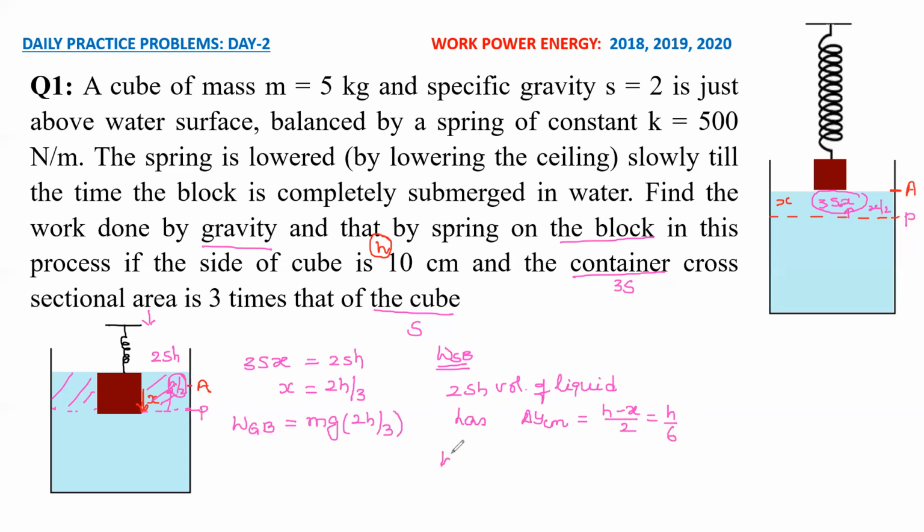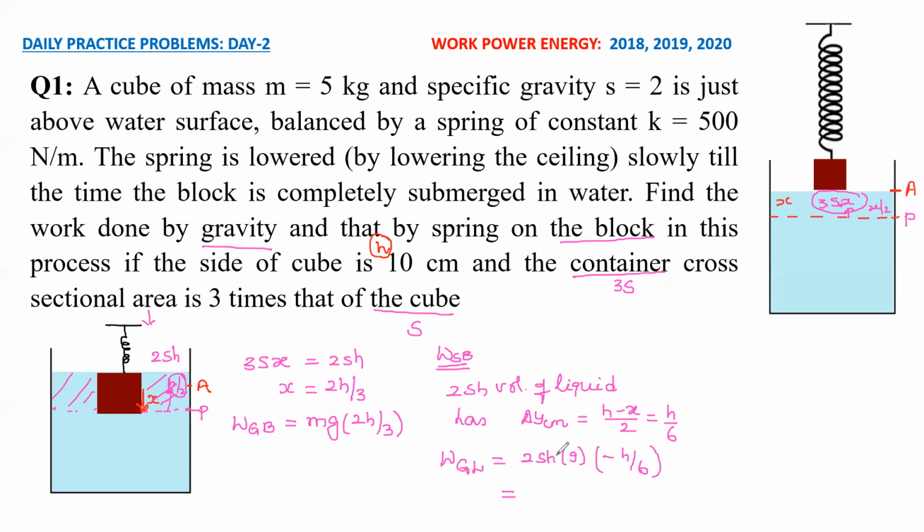So the work done by gravity on the liquid is equal to, its volume is 2SH into G, but it has gone up. So gravity acts downwards, but it has gone up, so into minus h by 6 is the work done by gravity on the liquid.